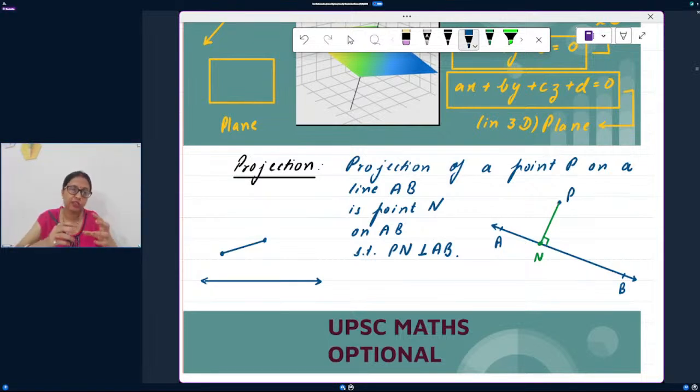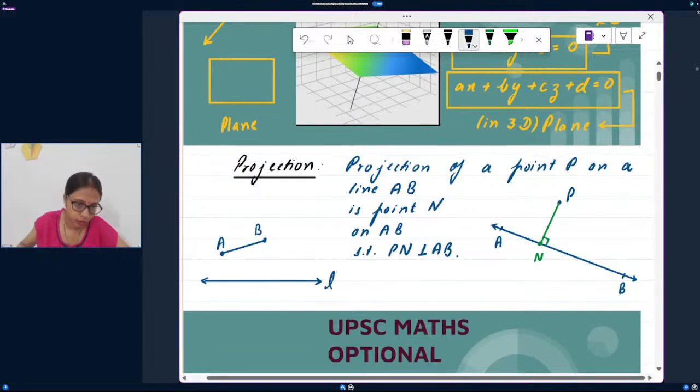When I use the word projection, I have to tell two things. You're taking the projection of what, and you're taking the projection where. So I need the projection of AB on line L. What does that mean? How will I obtain the projection? That is again very simple. Take the endpoints A and B and drop the perpendicular. From A, this is the perpendicular. From B, this is the perpendicular.